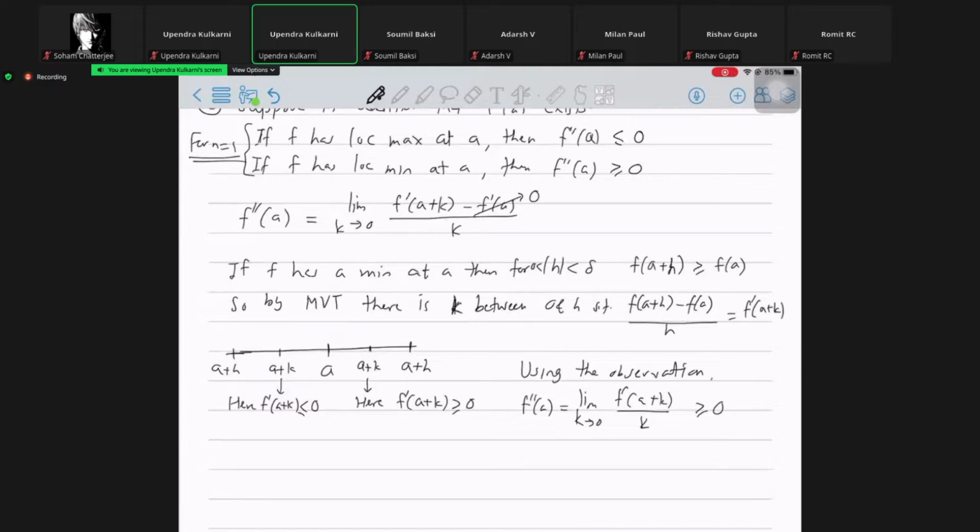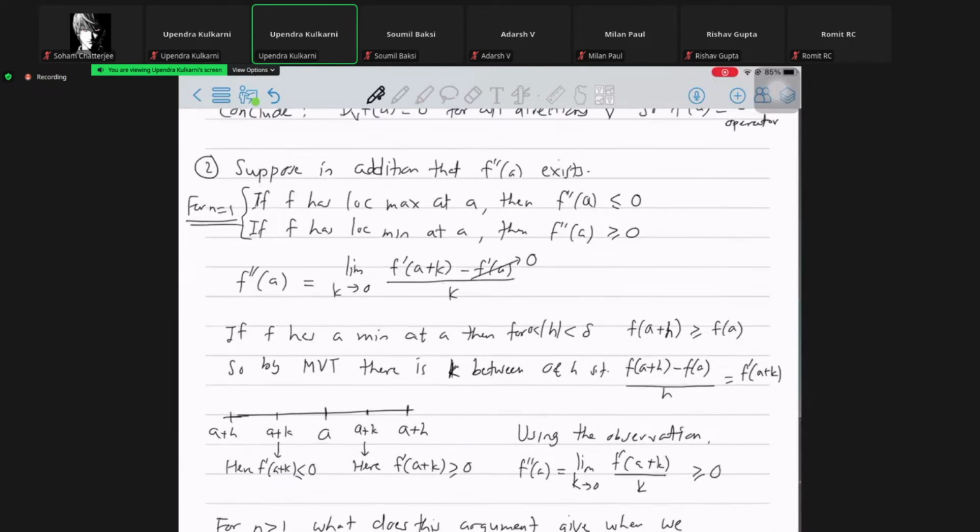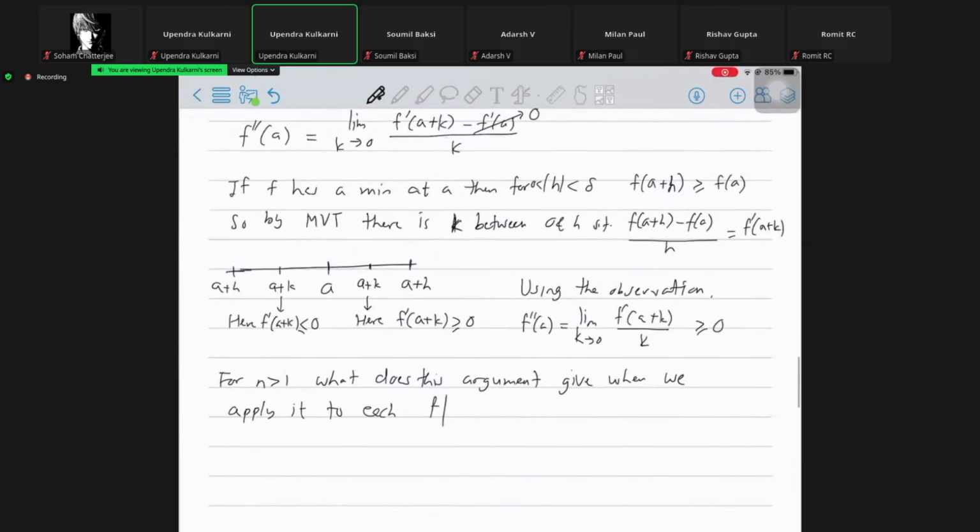So for n greater than 1, what does this argument give when we apply it to each f restricted to whatever we had, so a plus.